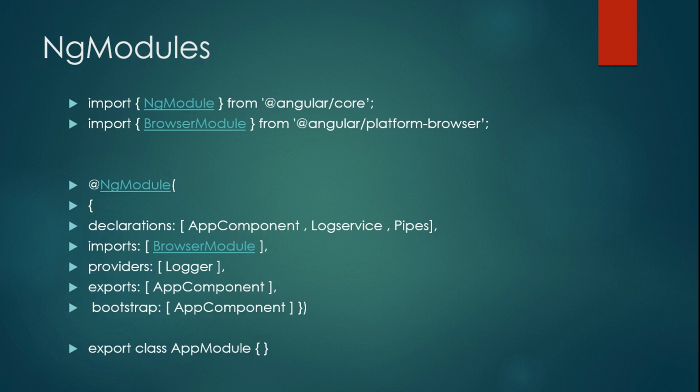Bootstrap is the app component, that is the main component under the main view. Under that main view come the sub views. Other components can be loaded through templates or through router modules. That is not included here in router module.